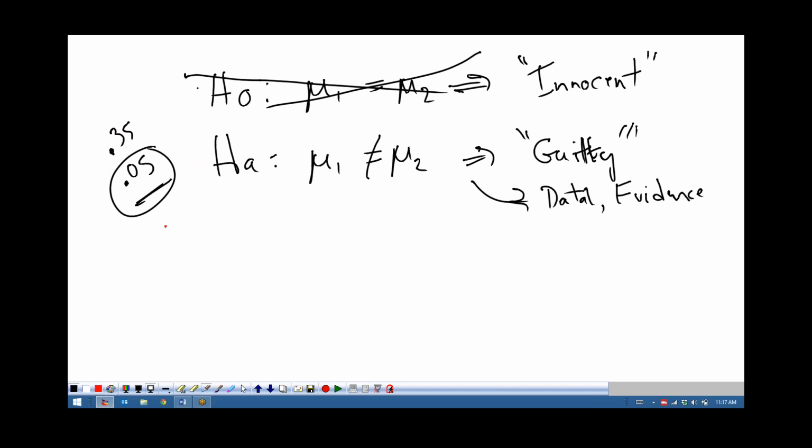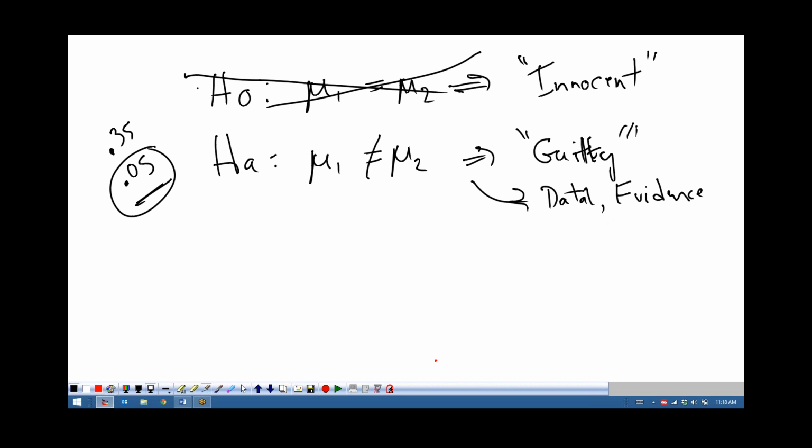And we don't want to leave this up to chance, so we say there's really only a 1 in 20. Obviously, in the court of law, we want that to be much, much better. But if this is a 1 in 20 chance that this was just due to sampling, well, okay, I can live with that. But if it's greater than that 1 in 20 chance, I really can't live with that. I'm going to have to get more evidence to prove my case. That's kind of how it works.